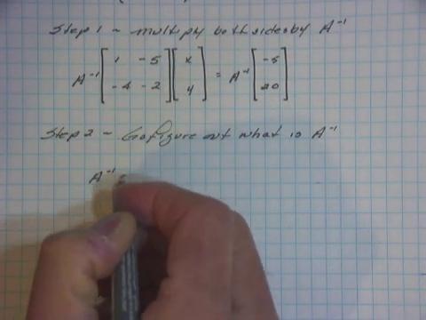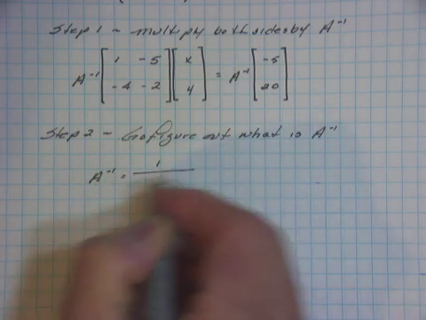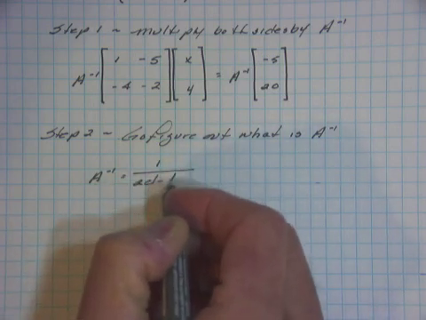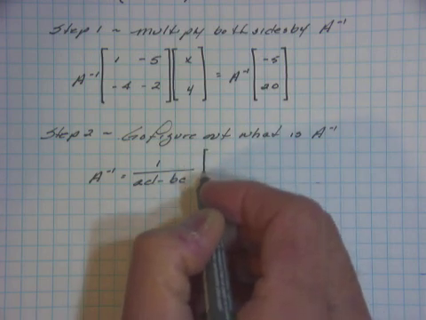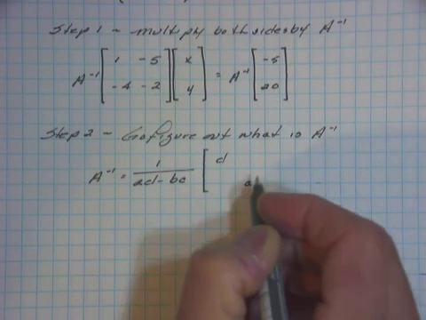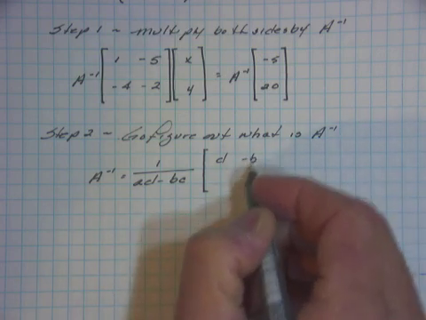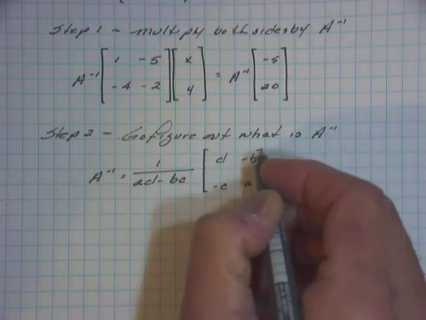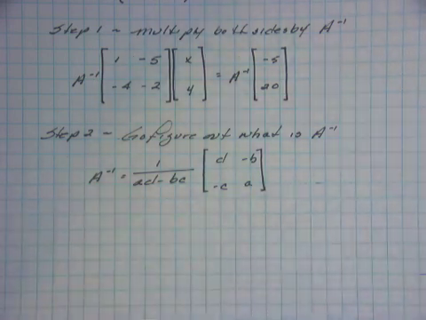All right, so let's remember that the formula for that is inverse matrix equals 1 over AD minus BC times the matrix. We have D and A in those corners, and these corners just change signs.